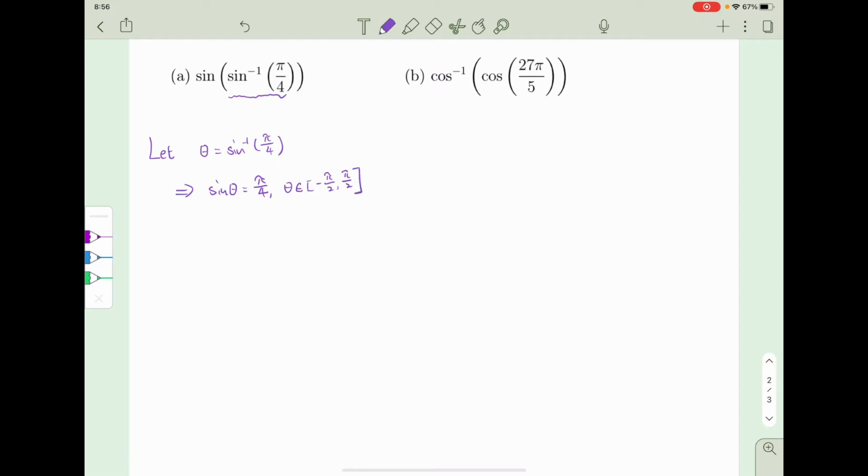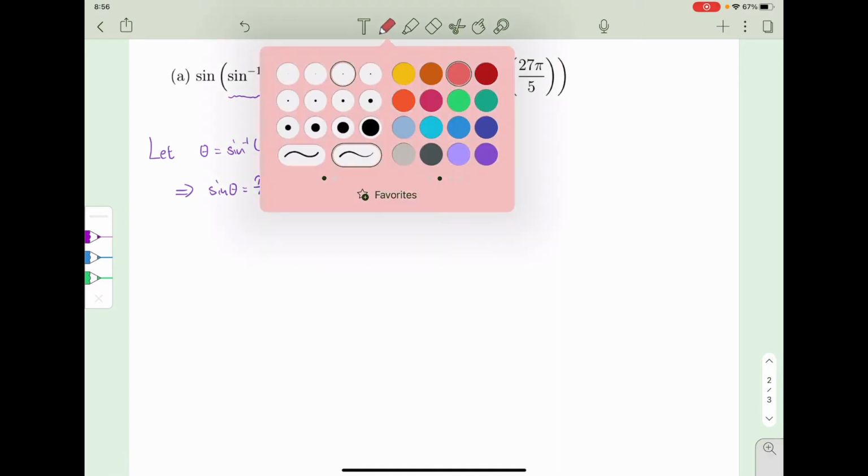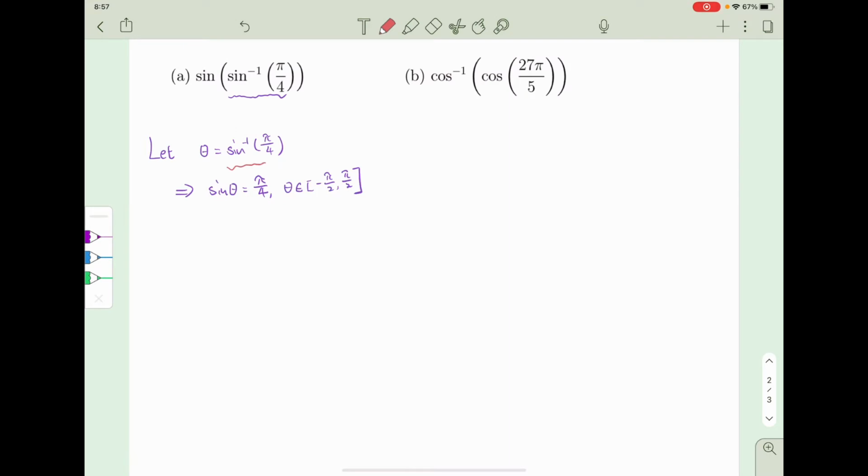Of course, we need to justify why this expression is defined. Because for the inverse function, the domain is from negative 1 to 1, right?